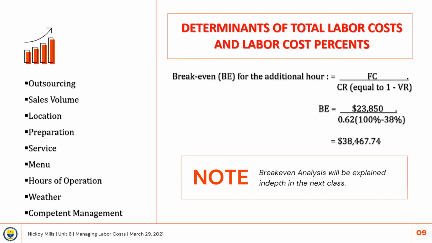These additional costs can be considered fixed once the decision to remain open for the extra hour is made. Variable costs, including food, beverages, linen, and miscellaneous, are estimated at 38% of each dollar of sale. Thus, we use the break-even formula. So next week, we're going to discuss break-even analysis in detail, but I'm just using it in this example to explain hours of operation as a determinant of cost.